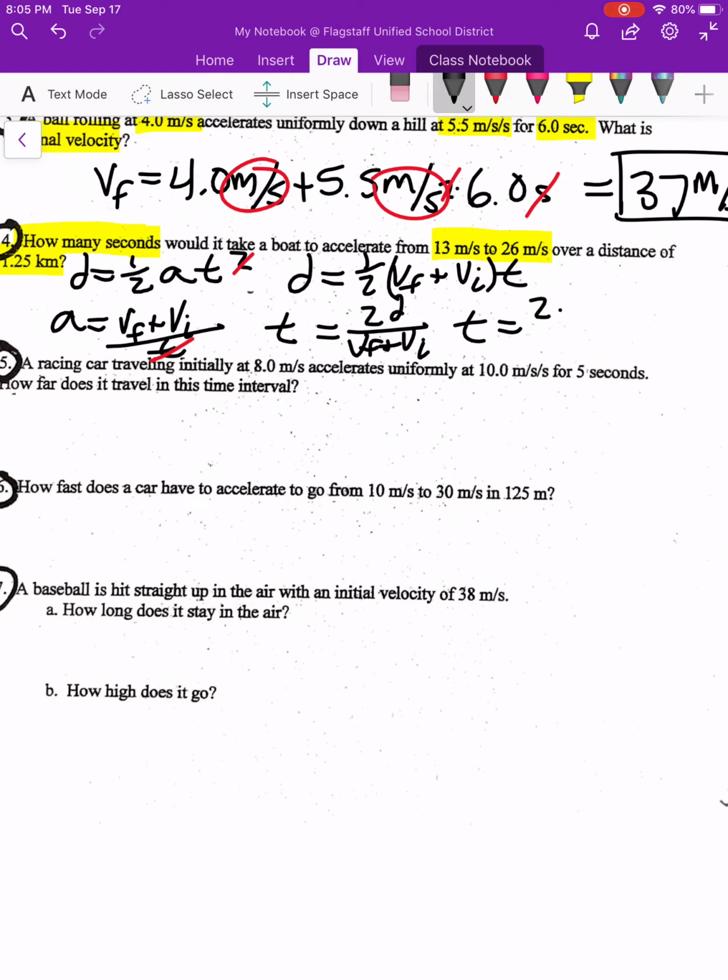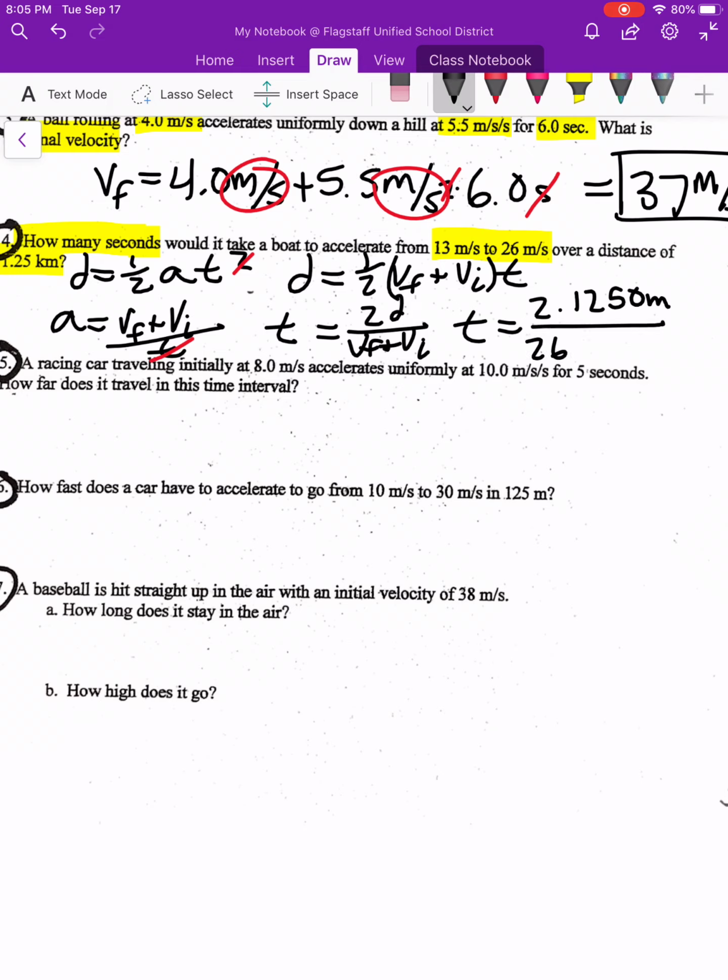There should be more meters in a kilometer. So there's 1,250 meters in 1.25 kilometers. All I did, again, kilo means 1,000, so I needed to multiply kilometers by 1,000 to get to meters. Hopefully you followed along there.